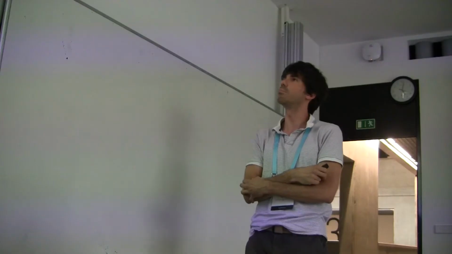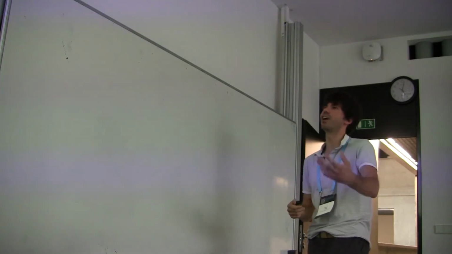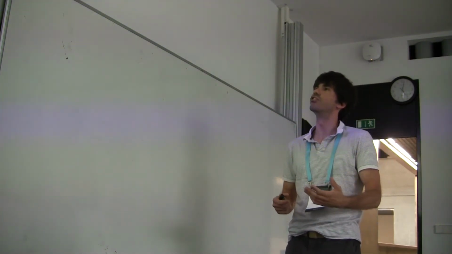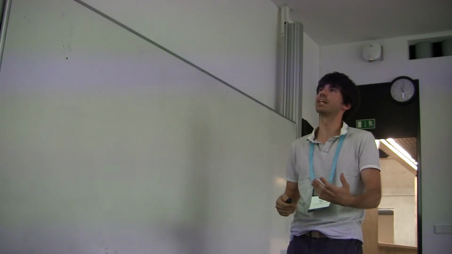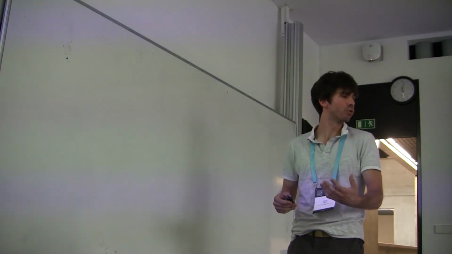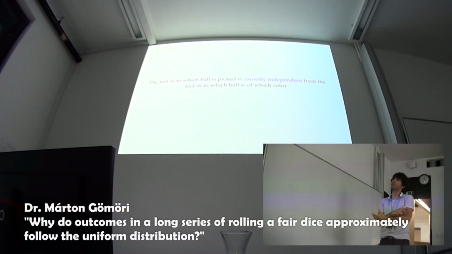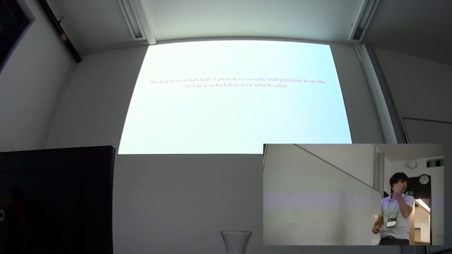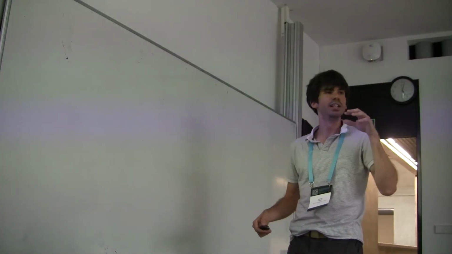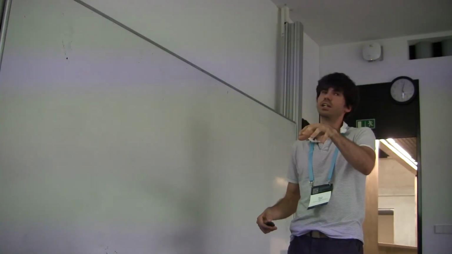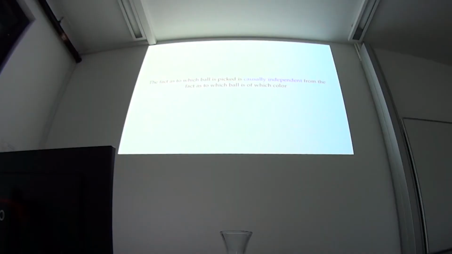So it is unbiased in this causal sense that the fact as to which ball is picked is causally independent from the fact as to which ball is of which color, right? By causal independence here, this does not only mean that because of the blindfolding, the ball's color cannot have influence on the process of picking, but I also assume that reversely, the process of picking does not influence the ball's colors.